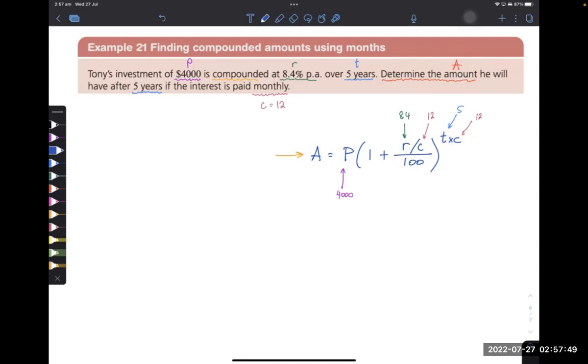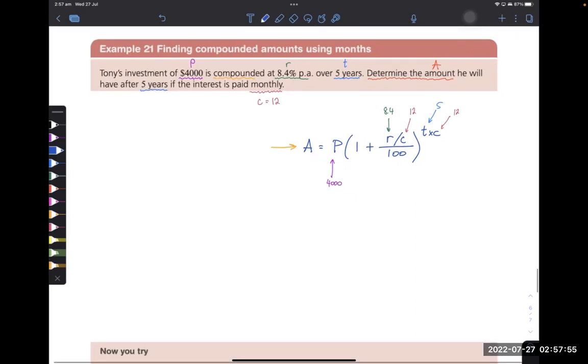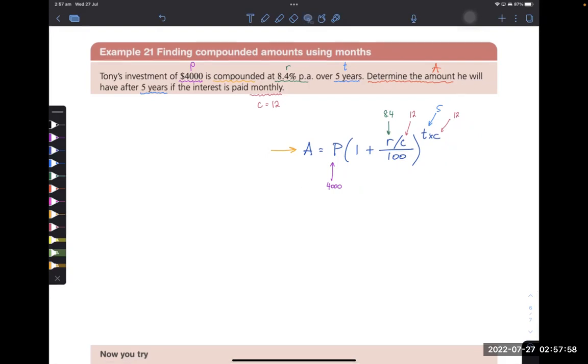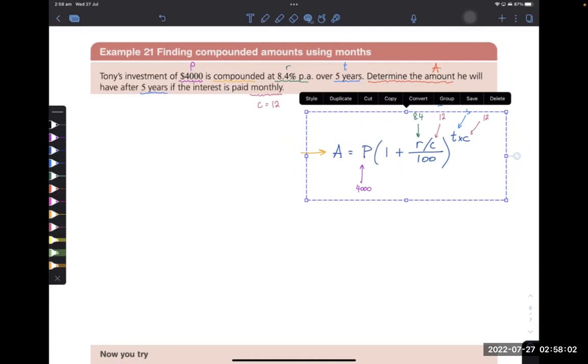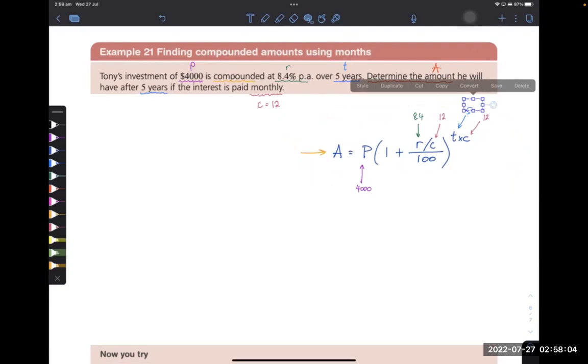Okay, so we can see here that we're trying to find A. So we're going to follow the structure again now. We're going to start with the formula, and this was already said in the previous video.